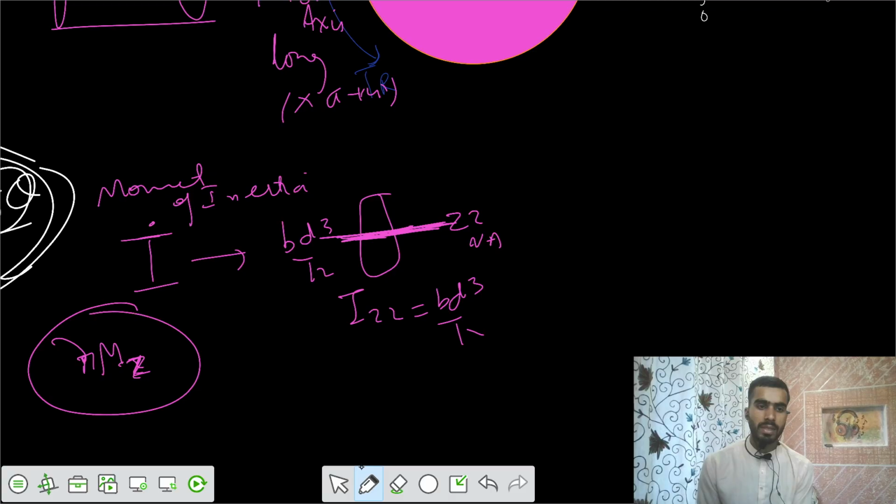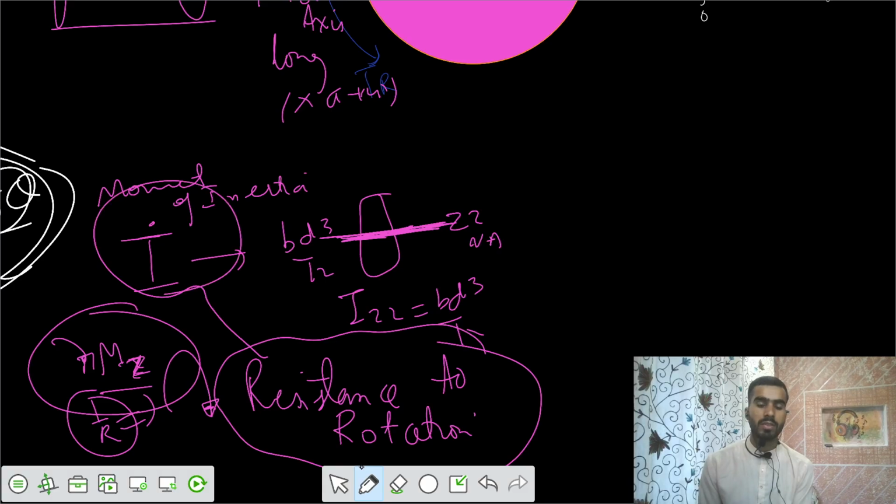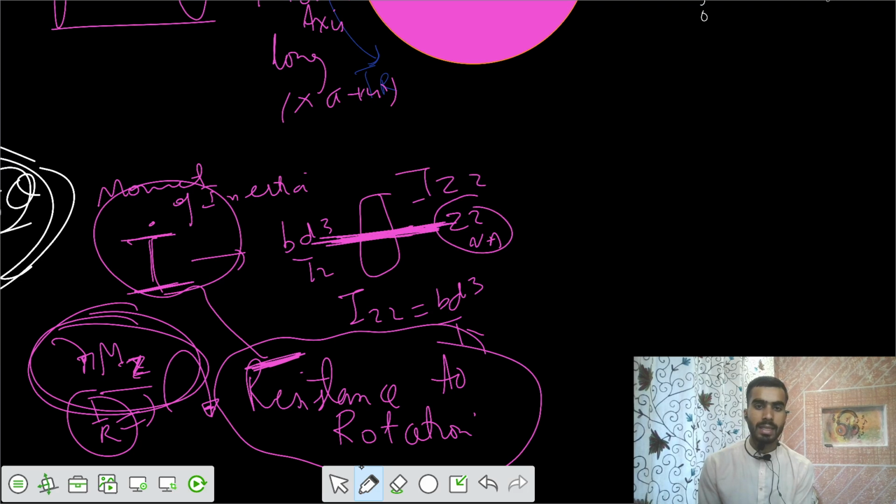Because of that moment M_z about the z axis, there should be some resistance to rotation, because moment produces rotation, curvature 1 by R, bending. That moment of inertia resists the rotation about that axis. So we have sigma by y equals M_z by Izz.